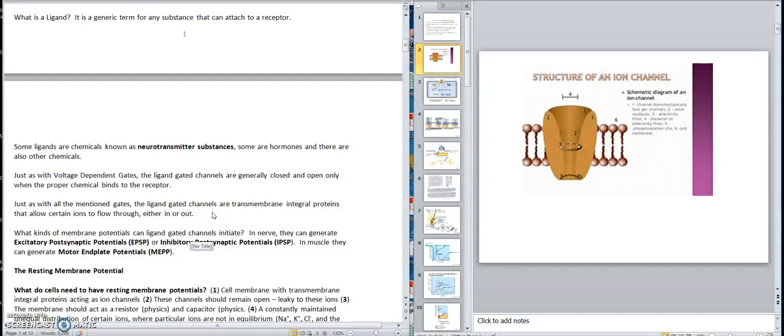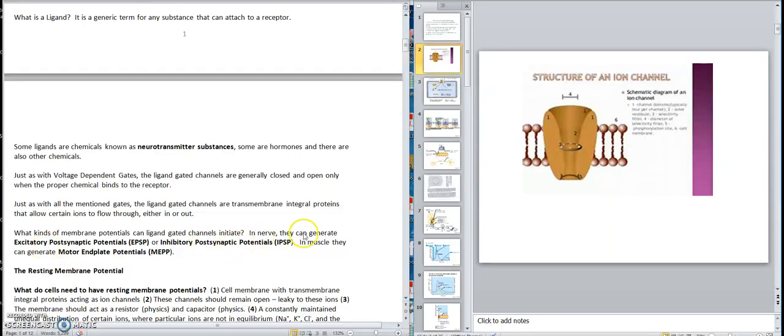Now, what kind of potentials do the ligand-gated channels give? Remember, we had passive leak channels and voltage-dependent channels, so we had resting membrane potential for the always-open gates and action potential for the voltage-dependent gates. What kind of potential do the ligand-gated channels give?